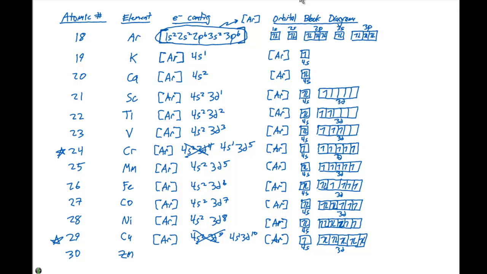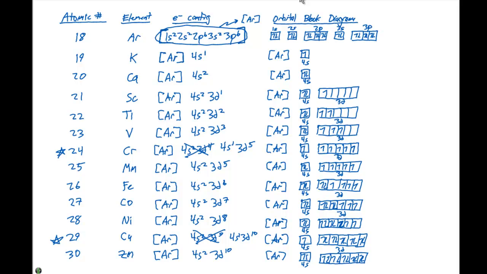So our 3d shell is completely filled. For zinc, we have the argon electron configuration, and we have 4s2, 3d10. So the 4s orbital block is completely filled with spin up and spin down electrons. And then the 3d block is also completely filled with electrons.